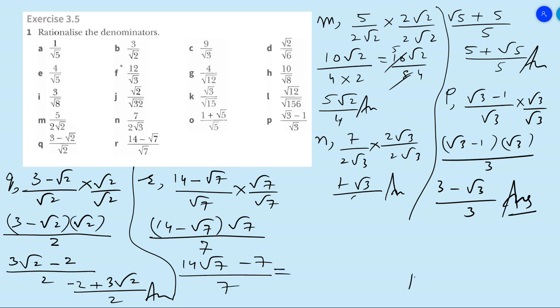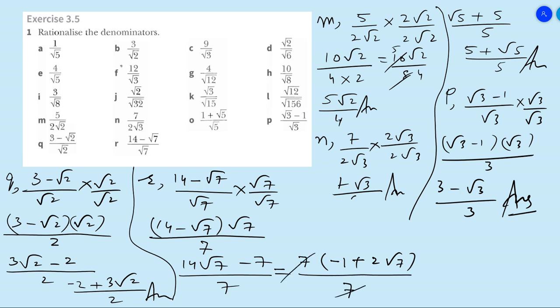Or we can write it by taking 7 common. If we take 7 common, then it will be minus 1 and plus 7 twos are 14, 2 root 7 upon 7.